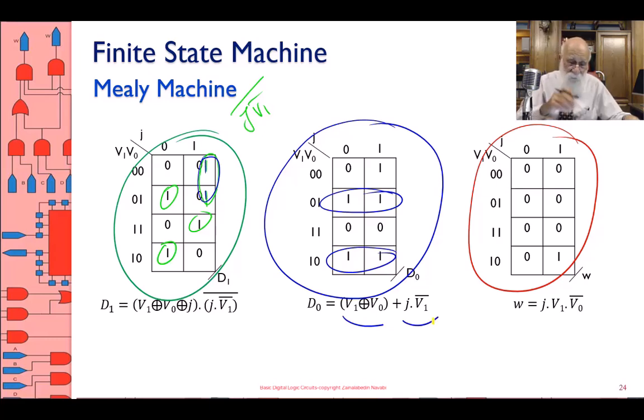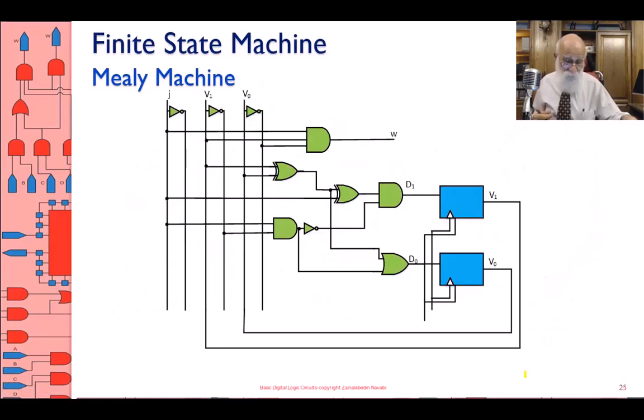And therefore, that becomes the 1, 1 here, ORing it with the XOR that puts a 1 on the upper right-hand corner. And complementing it and ANDing it removes the 1 on the upper right-hand corner for the green map. And so that's it. And then for the output, I have J V1 V0 bar, which is this for the red one.